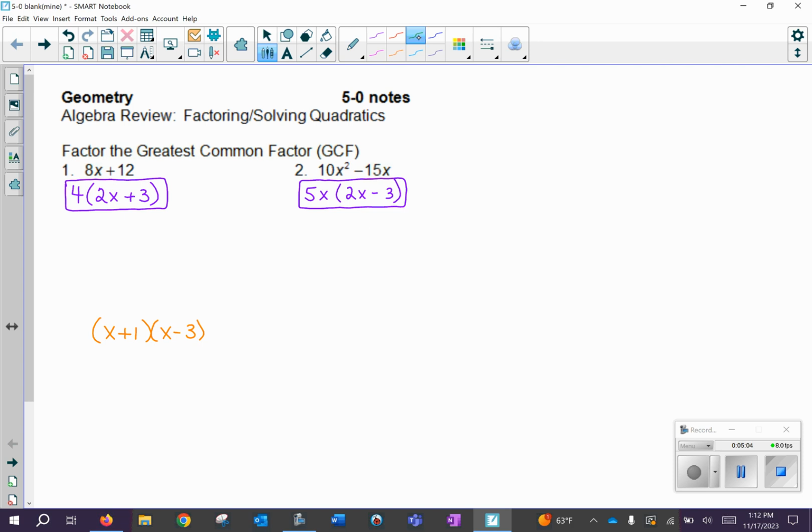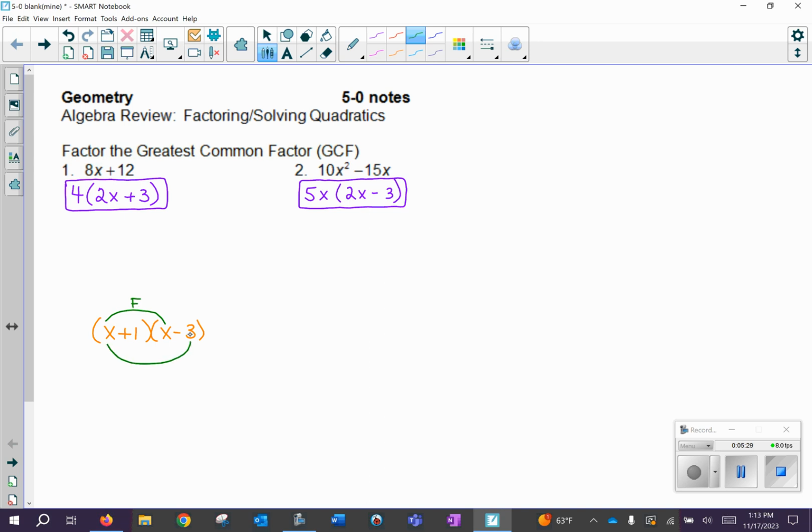So typically we do this times this, and then we also do that times the -3. But instead of putting them up here, just so you can see the difference, guys, this is the first term times the first term, which is where F comes from in FOIL. I'm going to put it down here.